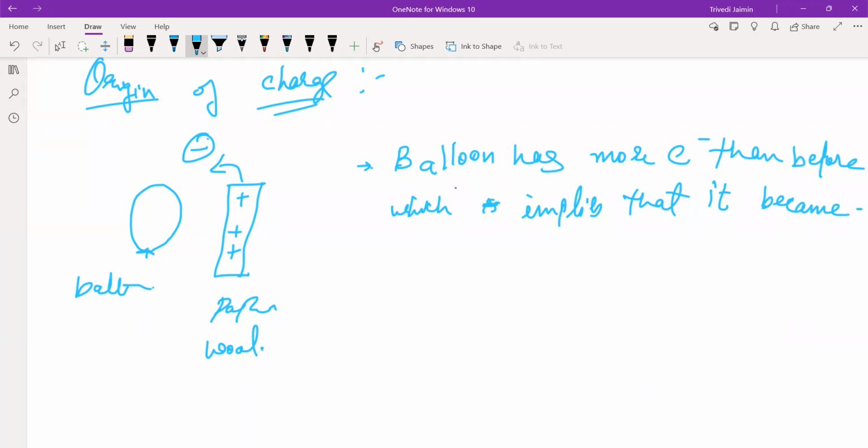It transferred some electrons to that balloon. So the balloon became negatively charged, and the wool became positively charged, because it gave excess electrons and the balloon gained excess electrons. So extra electrons make it a negatively charged particle.